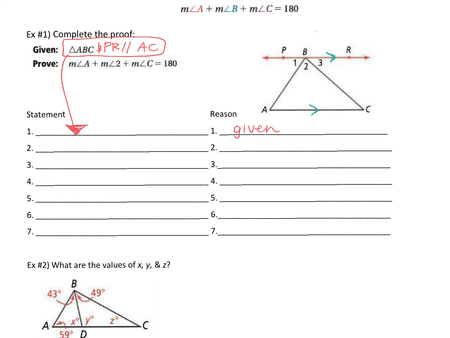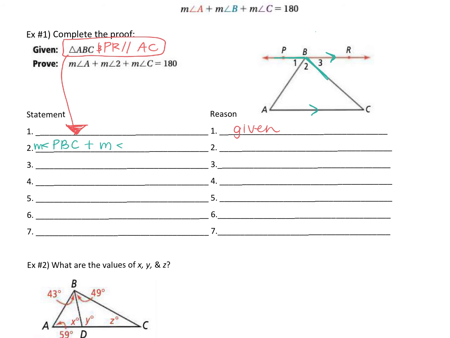Let's look at it like this. So we have this straight line PR, okay? If I call this angle PBC, right? So angle PBC, actually I'm going to call it the measure of angle PBC plus the measure of angle, you can either call it angle 3 or you can call it RBC.